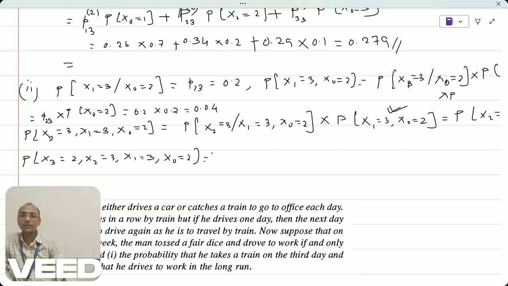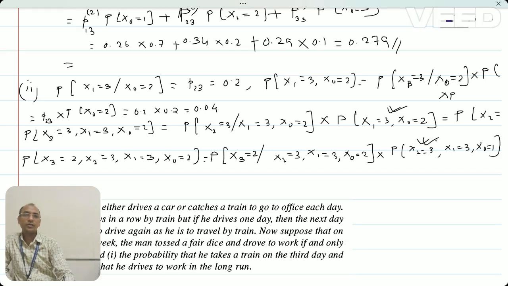That is equivalent to saying probability x3 equal to 2 given x2 equal to 3, x1 equal to 3, and x0 equal to 2, into probability of x2 equal to 3, x1 equal to 3, x0 equal to 2.